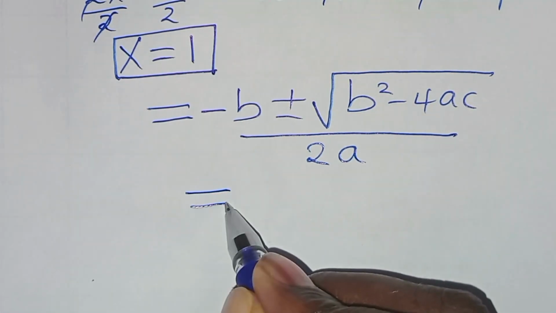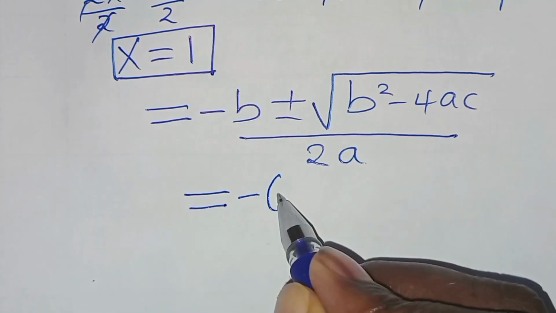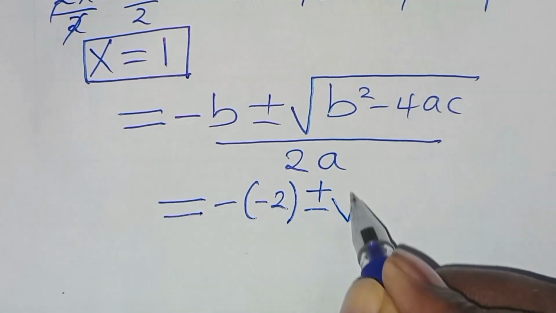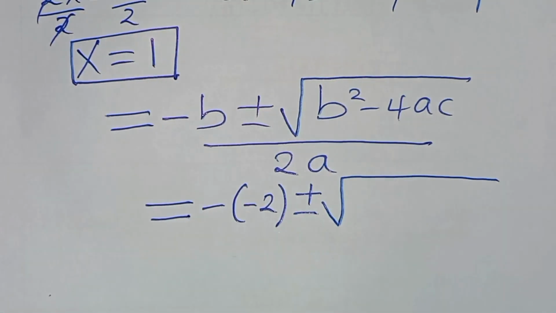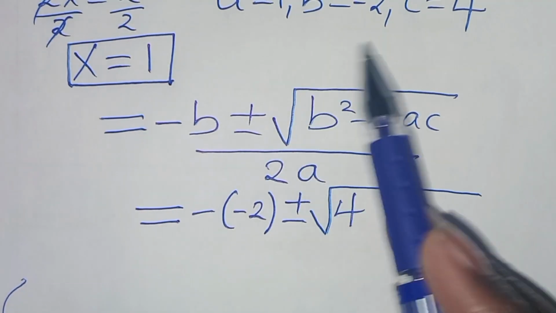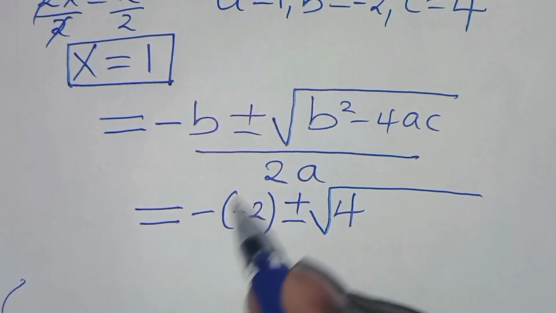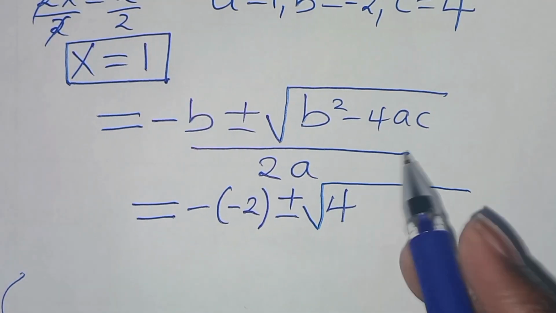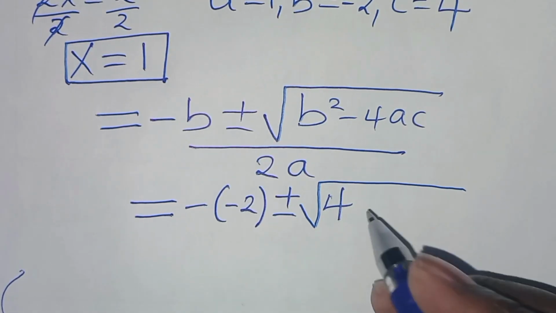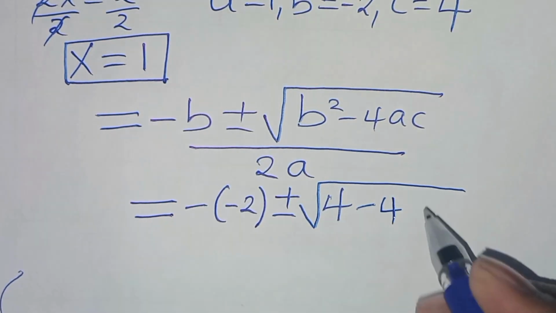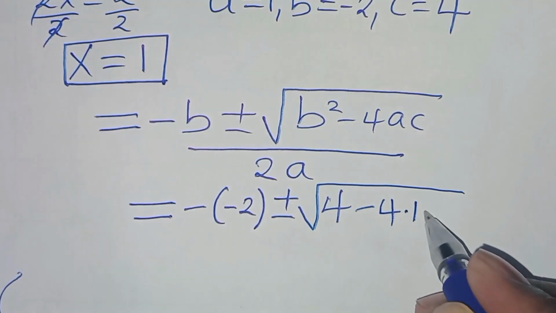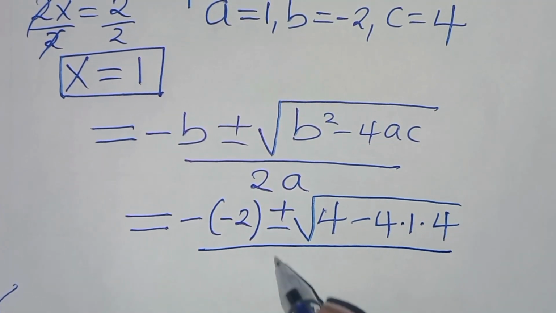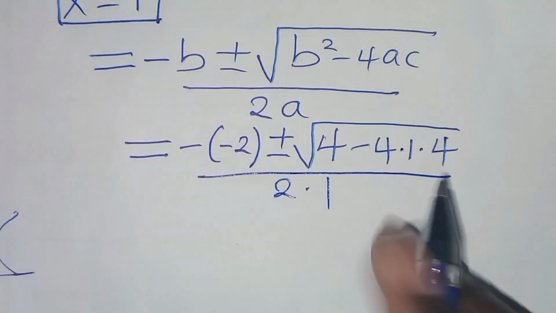Substituting the values of a, b, and c, we have 2 plus or minus the square root of b squared, this is 4, minus 4 times a, which is 1, times c, which is 4, all divided by 2 times 1.